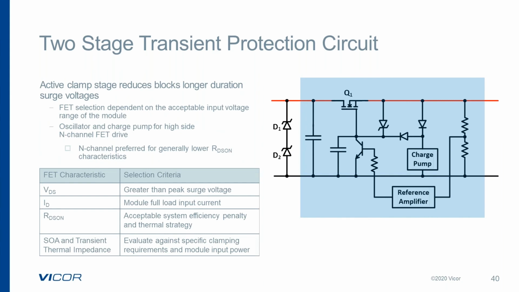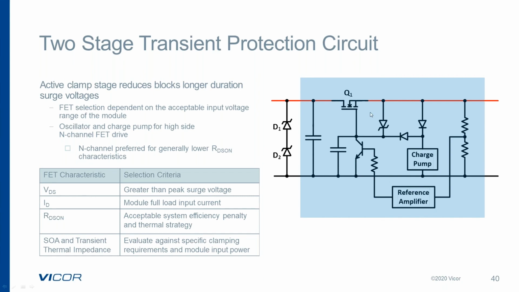When we have longer transients, we have to select a series element. For a surge, we select a series FET, or a series Q1, to actually drop voltage across the line, such that the DC to DC converter downstream is protected. In this case, we detect the input voltage and then put Q1 in a linear range such that it drops voltage and protects the downstream DC to DC converter.